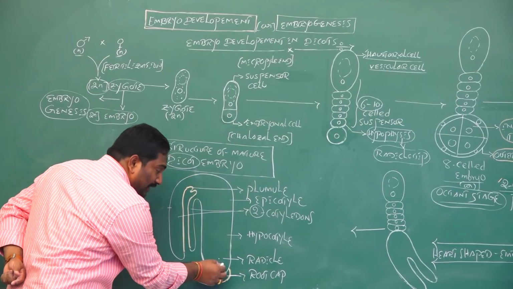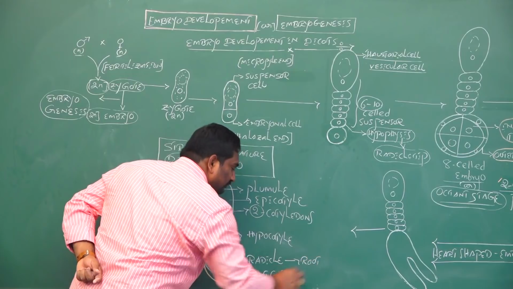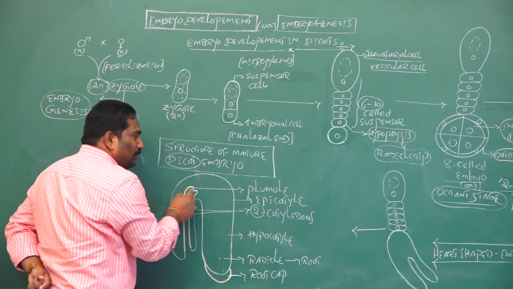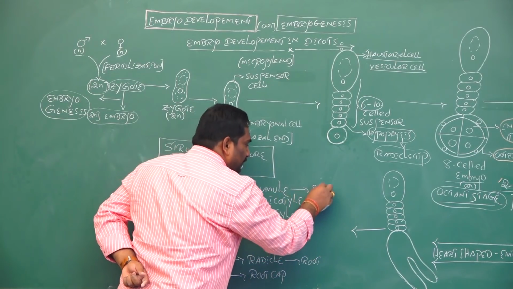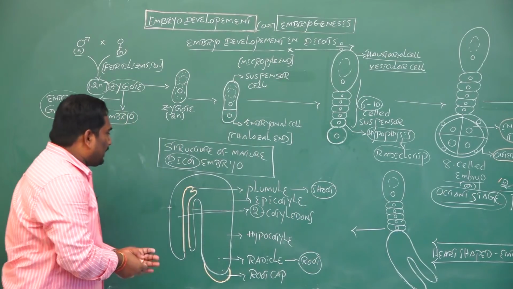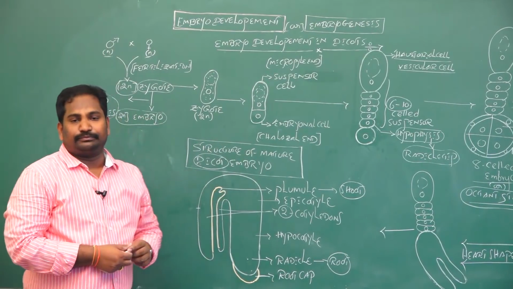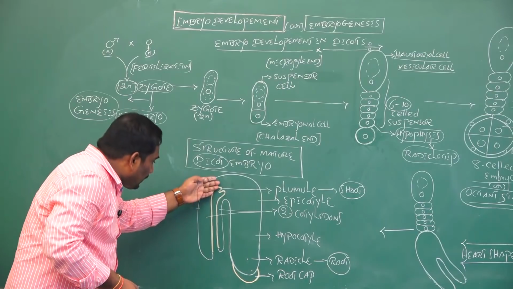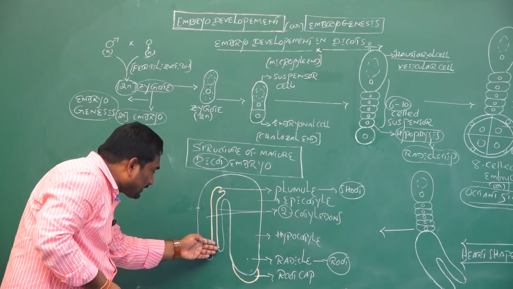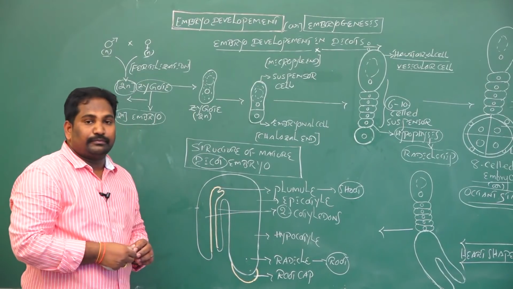And it has a radicle. The radicle develops into the root system. And it has a plumule. The plumule develops into the shoot system. The dicotyledon mature embryo has two main parts. One is the embryonal axis and the other is the cotyledons.